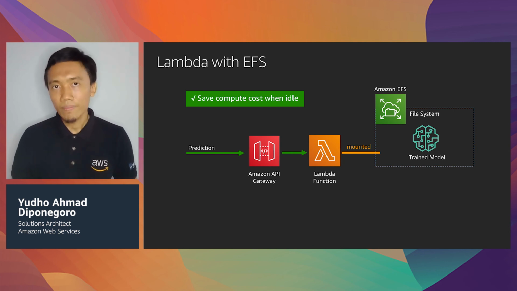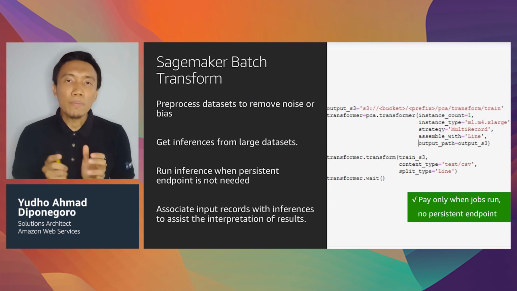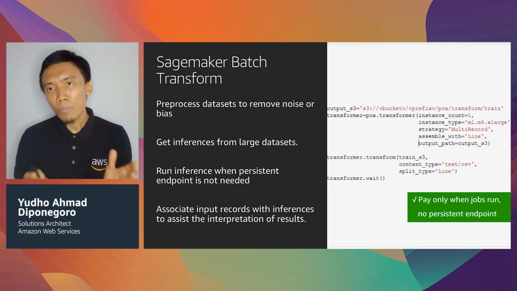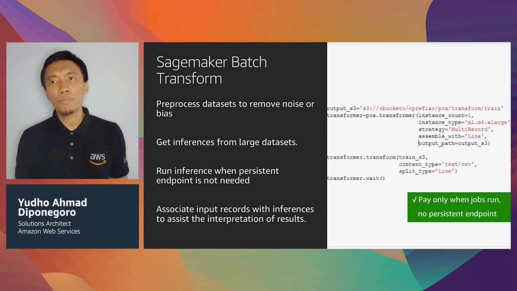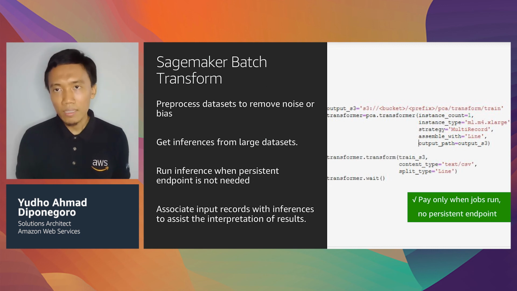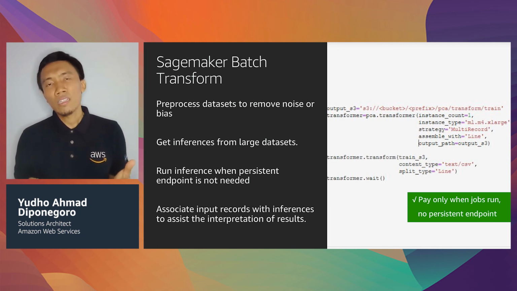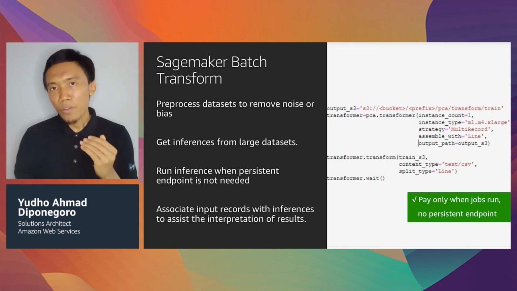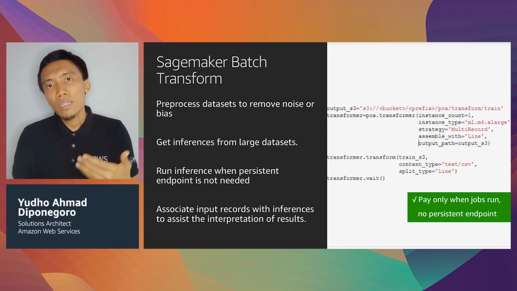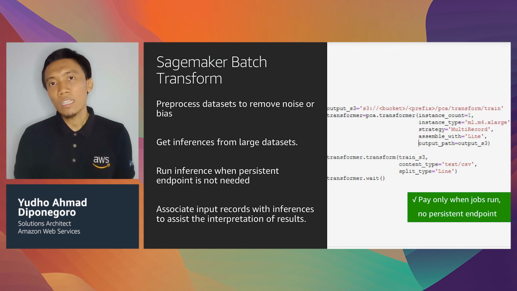There is a part in the machine learning pipeline where you probably want to do some data preprocessing to remove noise or bias, or get inferences from large datasets, or run inference when a persistent endpoint is not needed, which is asynchronous, or you want to do some interpretation post-inference.